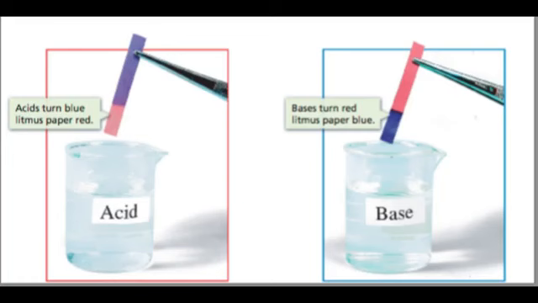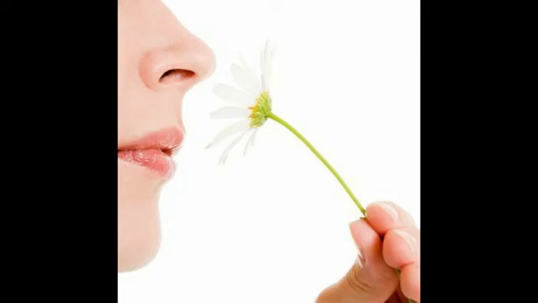Just like we use the litmus paper test to identify an acid or a base, we can also use odor to help us find if a substance is an acid or a base. This form of a natural indicator is called an olfactory indicator.